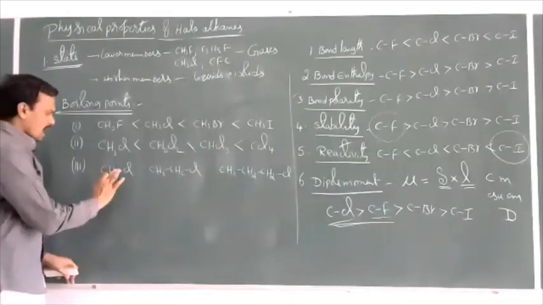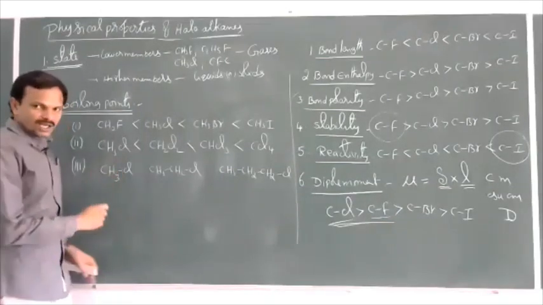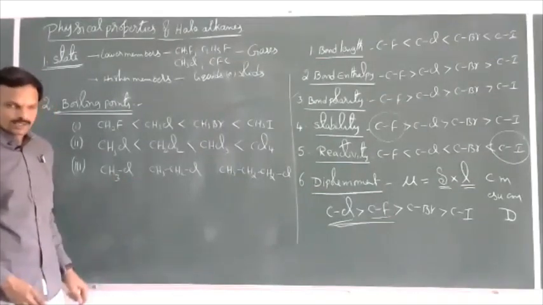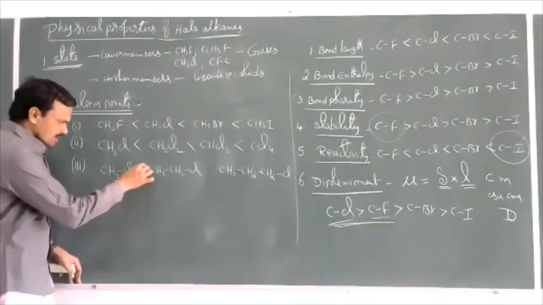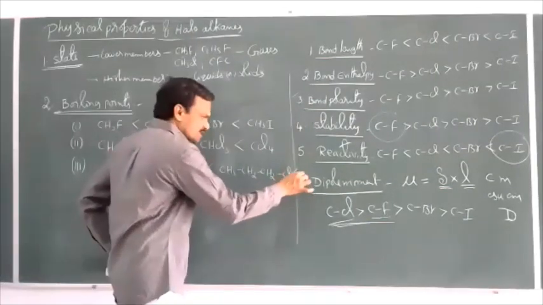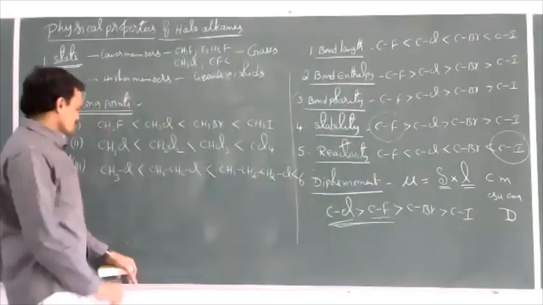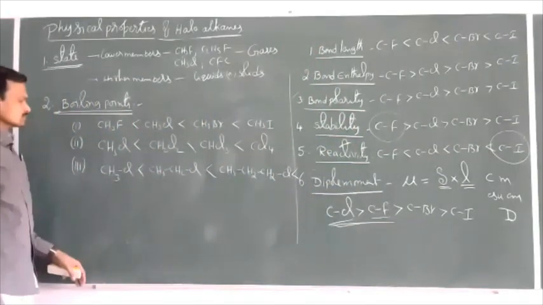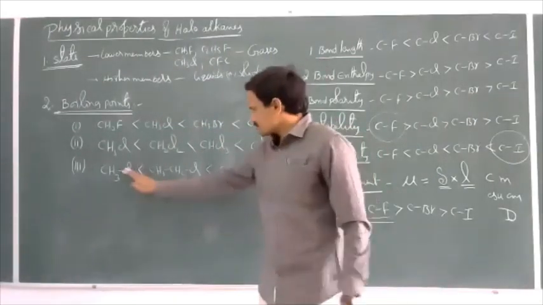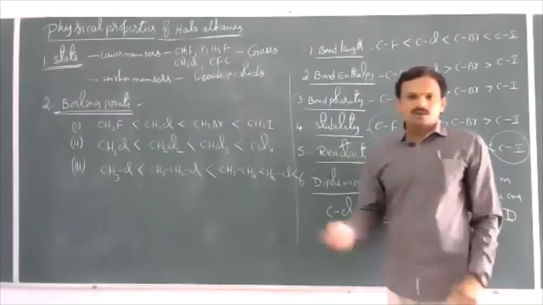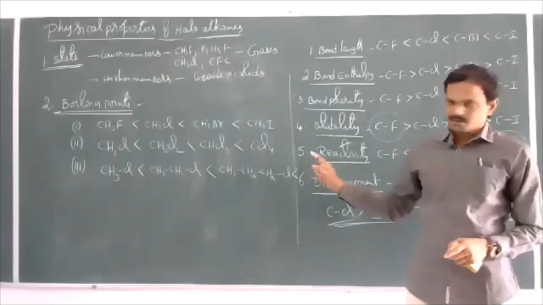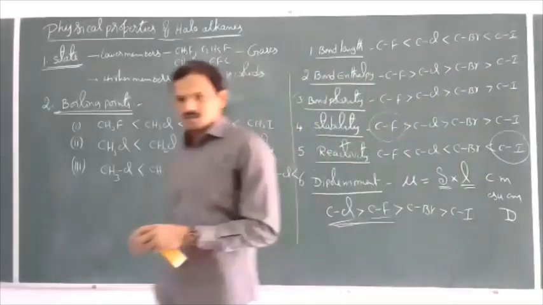Now here, as the number of carbon atoms in a haloalkane increases, the boiling point increases. So here the order of boiling point is methyl chloride less than ethyl chloride less than propyl chloride less than, and so on. This is the order of boiling points. So for the same halogen atom, here halogen is common in all these, chlorine only. For the same halogen atom, as the number of carbon atoms increases, the order of boiling point increases.